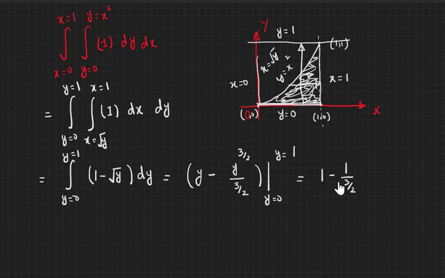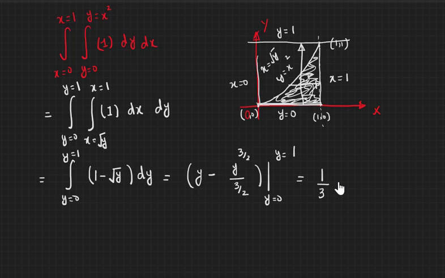But when we solve this, that would be 2 over 3 here, and when we resolve this, that should be 1 over 3. Now this is the answer of the integration of 1 with respect to x first and then with respect to y.